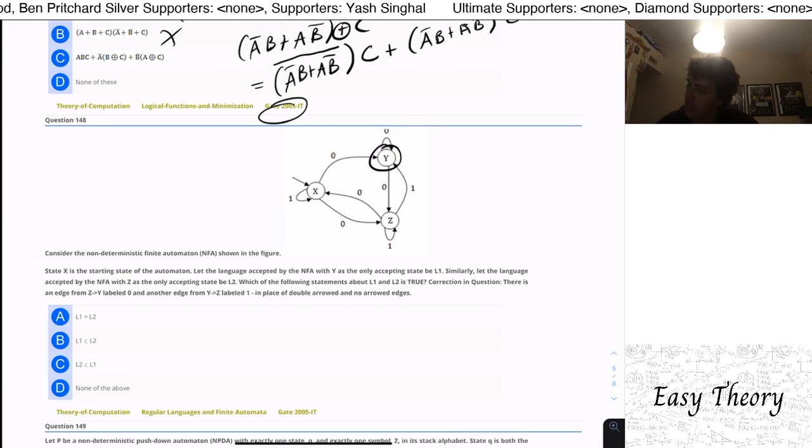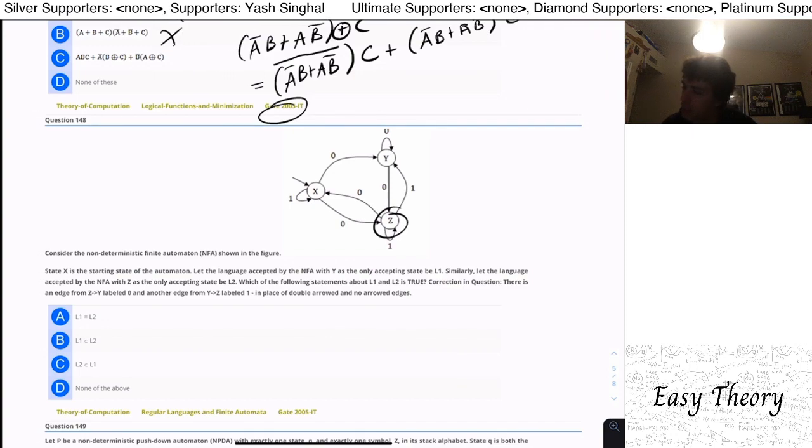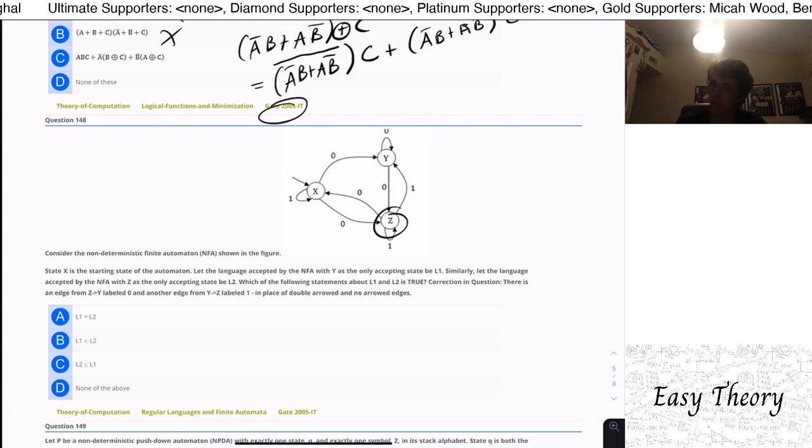So if we made Y the only final state versus Z being the final state, what is the relationship between those two languages? They can't be the same. Can they?